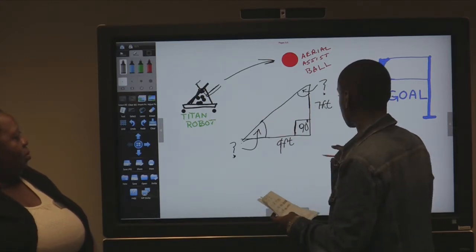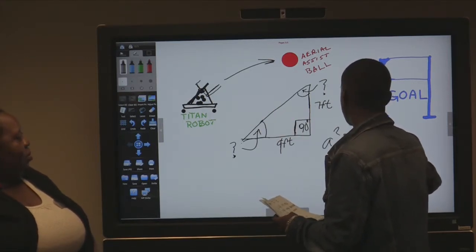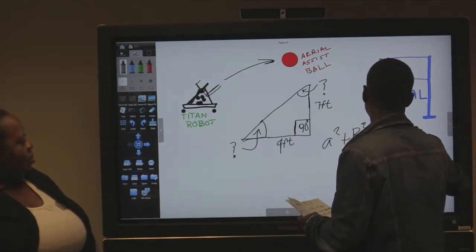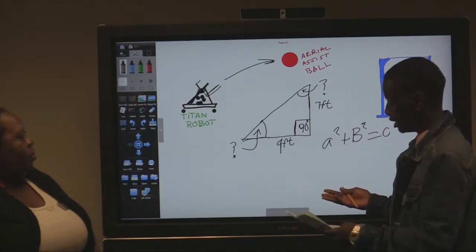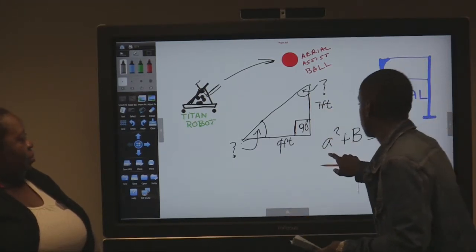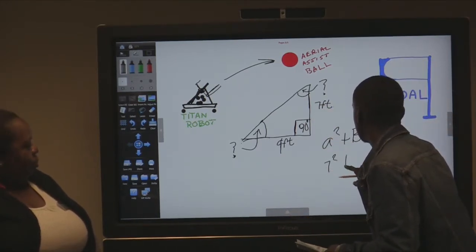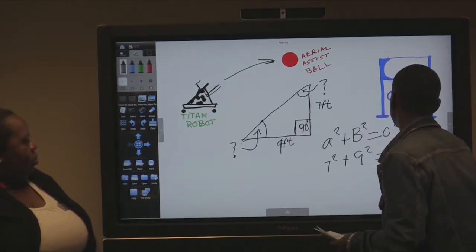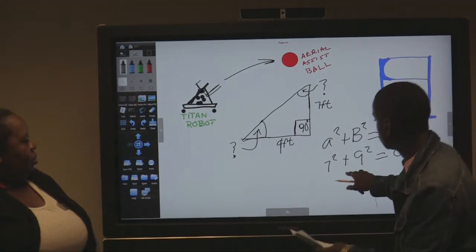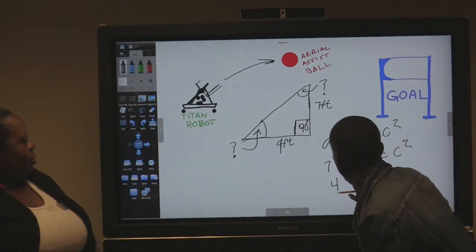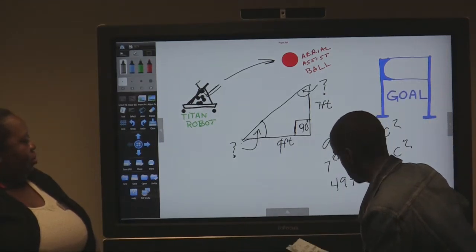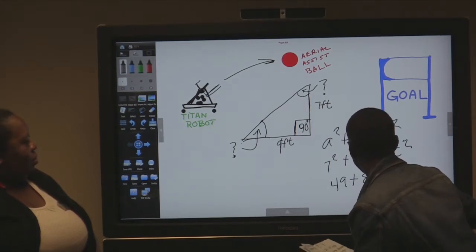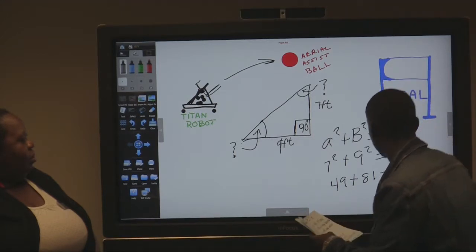The Pythagorean theorem is a squared plus b squared equals c squared. So we plugged in our a, 7 squared, plus our b, 9 squared, equals c squared. 7 squared is 49 plus 81 equals c squared, so we have 130.